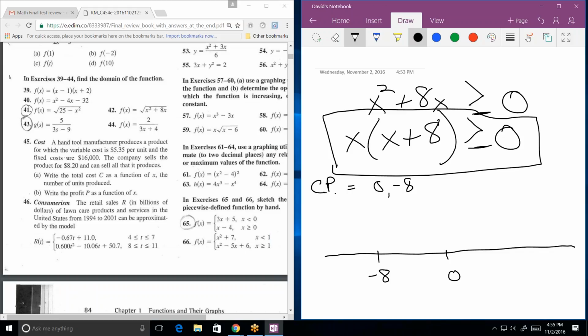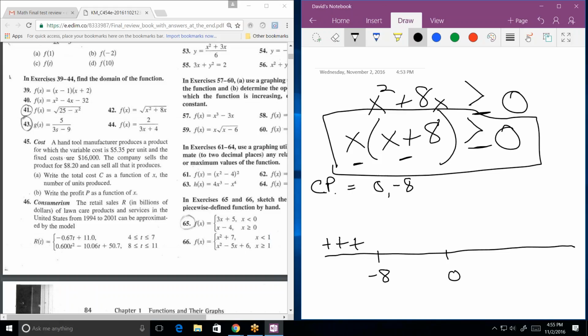Negative 10. Okay, when you pick negative 10, that's negative, and that's negative. When I multiply a negative times a negative, I get a positive. So anything to the left of negative 8 is plus.